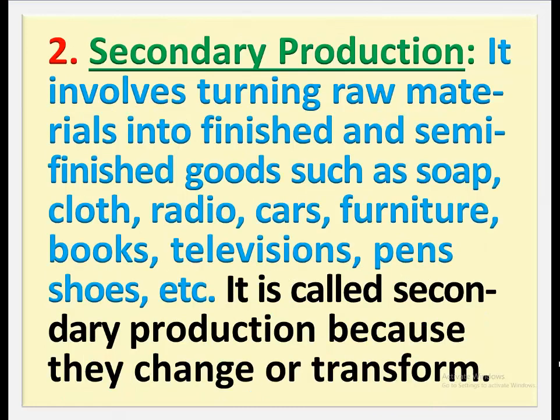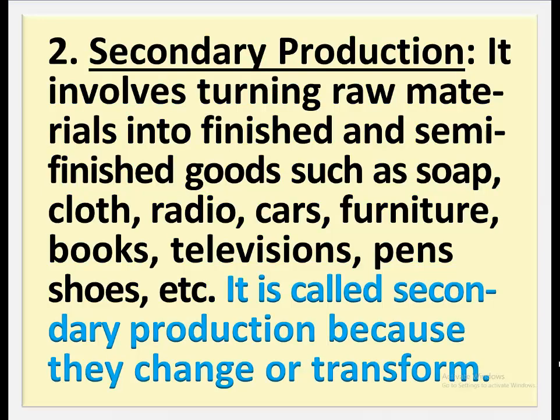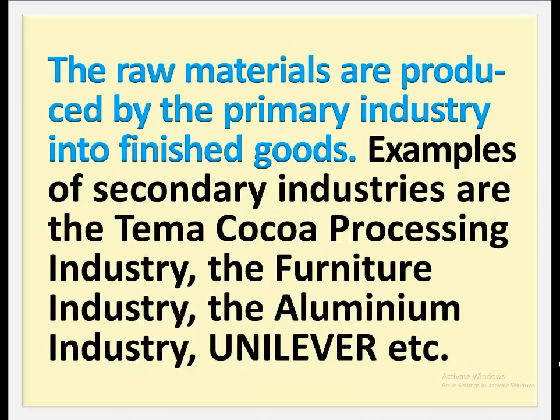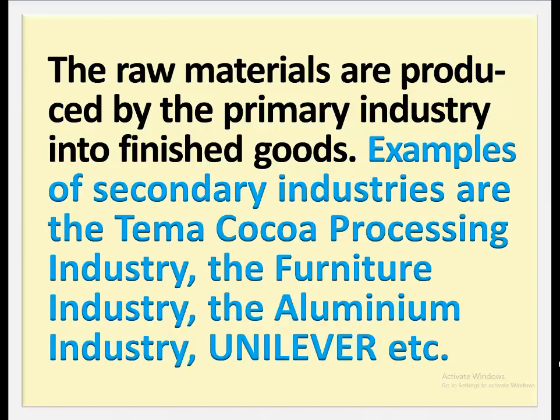2. Secondary production. It involves turning raw materials into finished and semi-finished goods, such as soap, cloth, radio, cars, furniture, books, televisions, pens, shoes, etc. It is called secondary production because they change or transform the raw materials produced by the primary industry into finished goods.